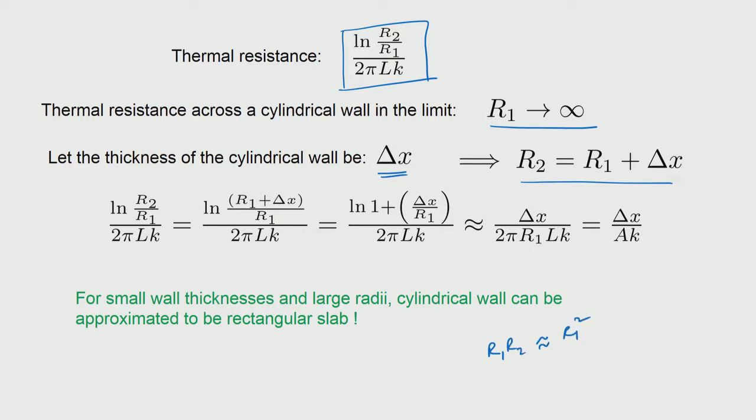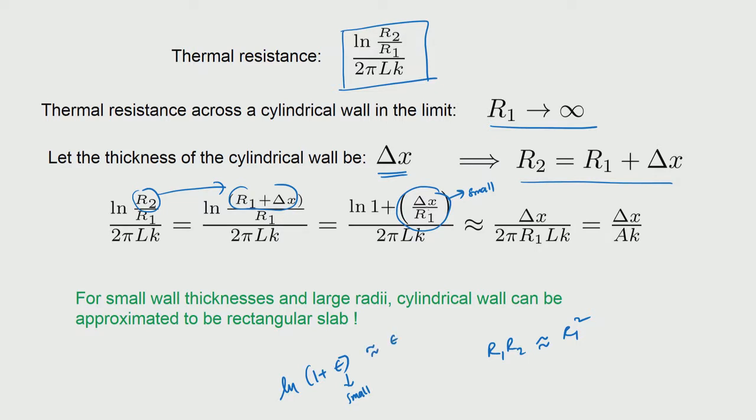Okay, so, if you do these approximations and then look at the thermal resistance expression, you can expand r2 as r1 plus delta x, and then you can divide the numerator and denominator here by r1, and therefore, you get 1 plus this, and this is very small. And we already know that ln of 1 plus epsilon, when epsilon is small, can be approximated as epsilon itself.